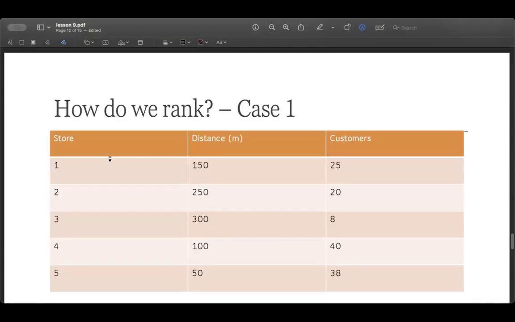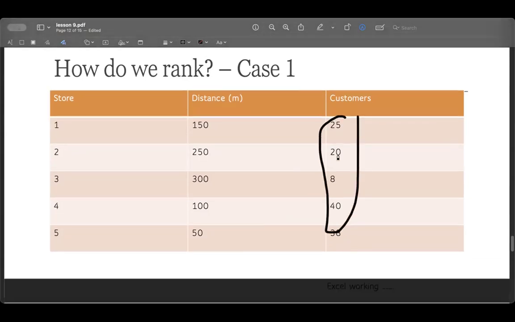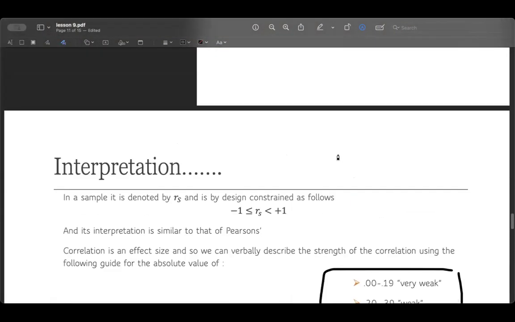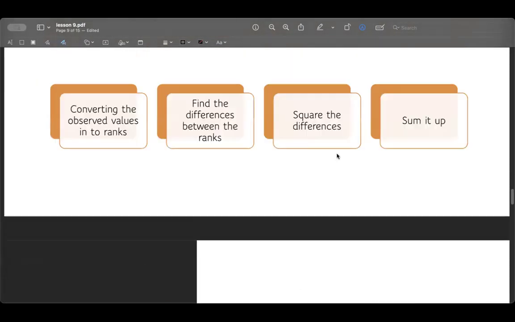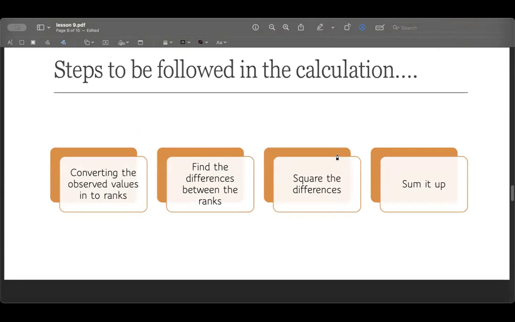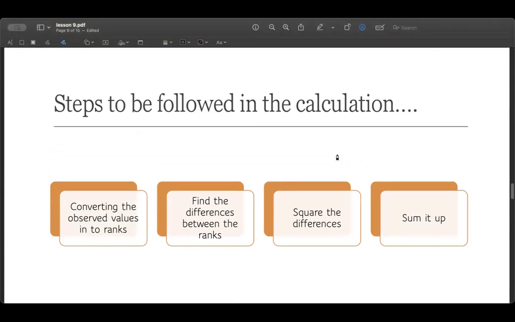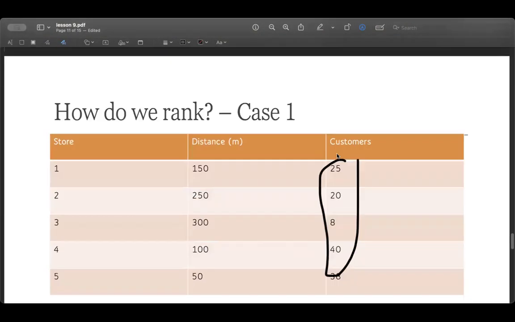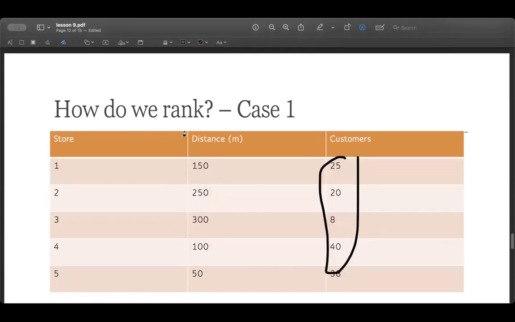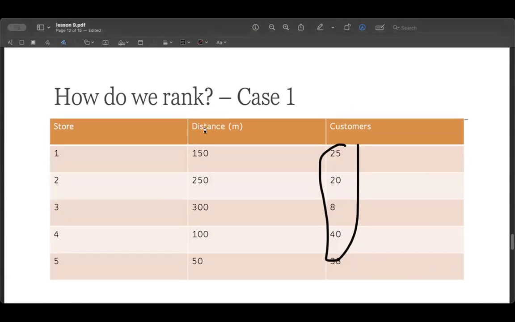Anyway, here we have distances with respect to the customers, so you can calculate the total number of customers like this. First, converting the observed values into ranks. What you have to do is first convert these stores into ranks.